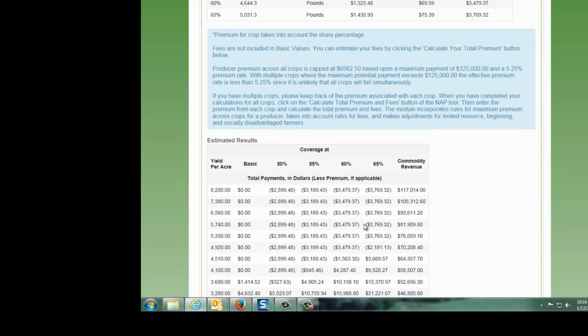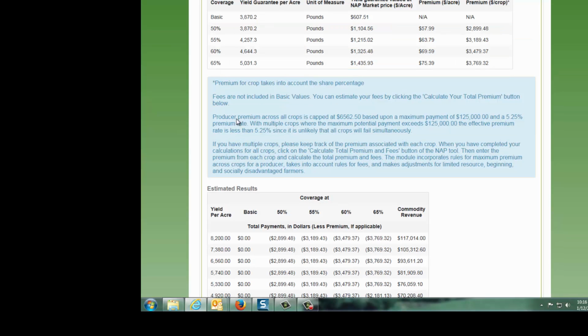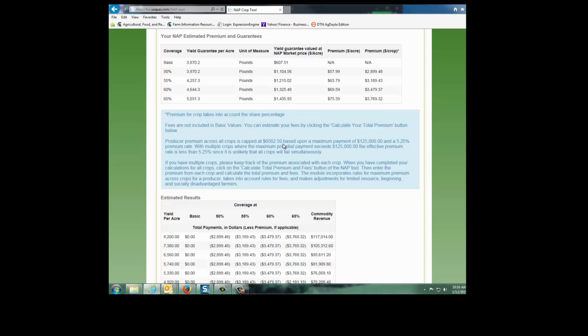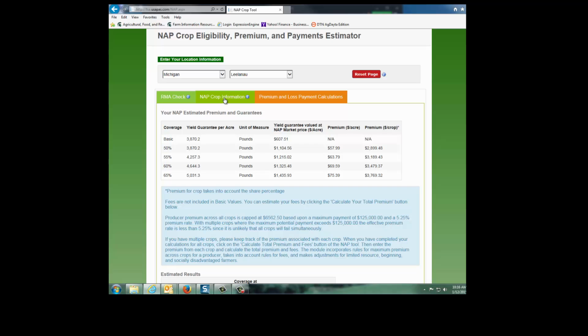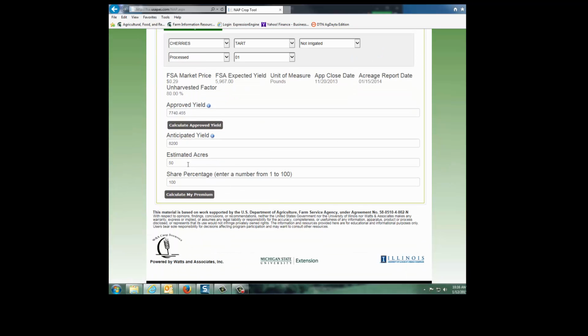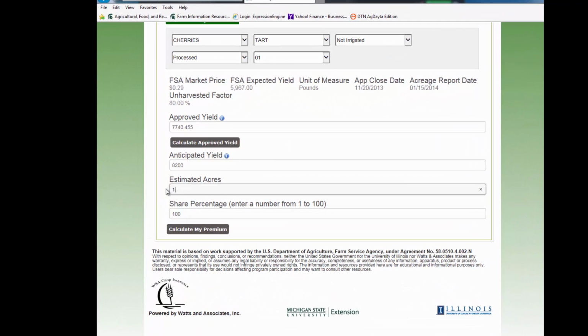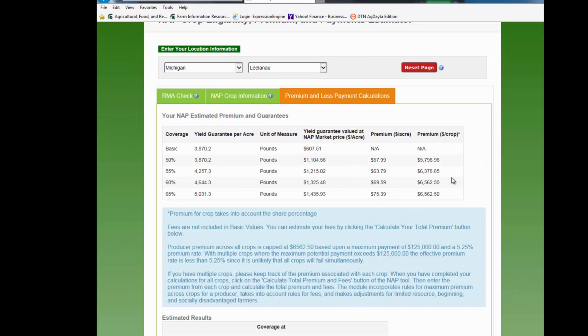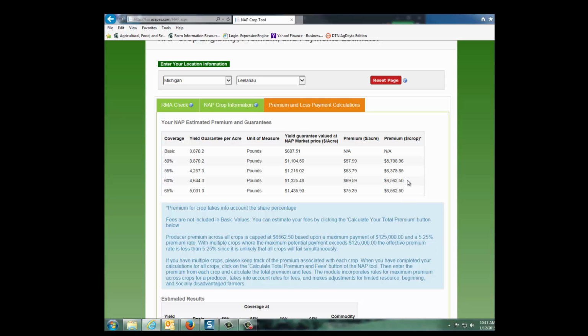A second thing that we want to show here, though, is there is a maximum premium across all crops. So let's see what it would take to hit that maximum premium for just these tart cherries. If we go back and hit NAP crop information, and we come down here, and let's say we have 100 acres. We go to calculate my premium, and you'll notice over here when you get into both the 60 and 65 that the maximum you have to pay is $6,562.50.